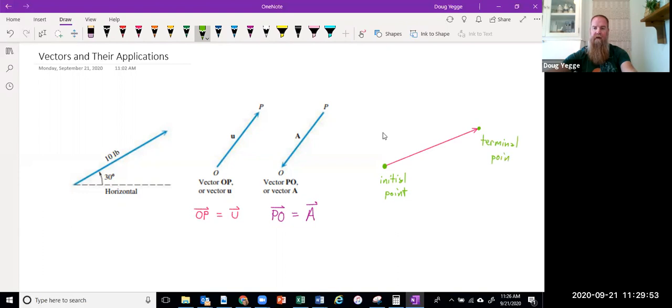And if we were to label this as a particular vector, we would label this as, say, vector V. And the length of that vector is referred to as the magnitude of V, and the magnitude or the length has its own notation, which we will be putting inside of bars. So if we put our vector V as the vector itself, the magnitude of vector V is our scalar.